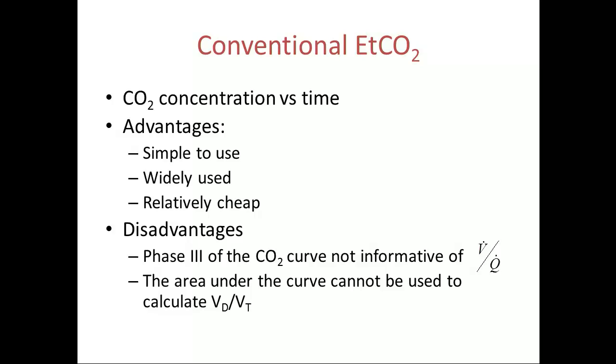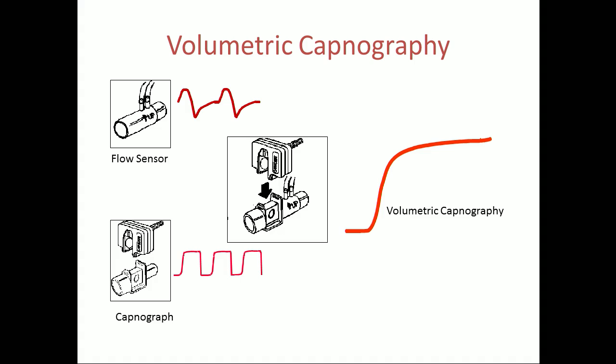But in comparison to volumetric capnography, there are some things which we can't do. We can't qualitatively analyze the different phases of the capnogram as well as we can in volumetric capnography. And also we're unable to decipher any meaningful quantitative data about dead space and its components from time-based capnography, which is why volumetric capnography is advantageous.